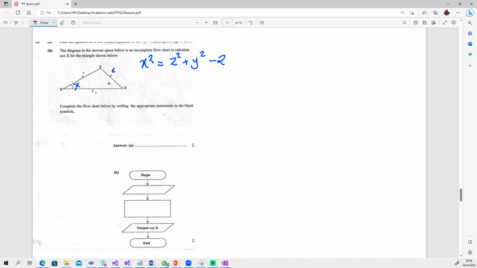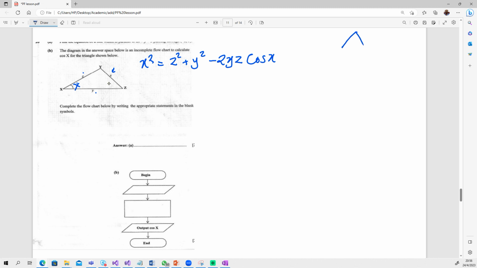So minus 2, what follows the 2 is the two sides. This is side x, so the other sides of the triangle beside x are y and z. So minus 2yz, and then what you put next is cos of this angle x. It's simple.